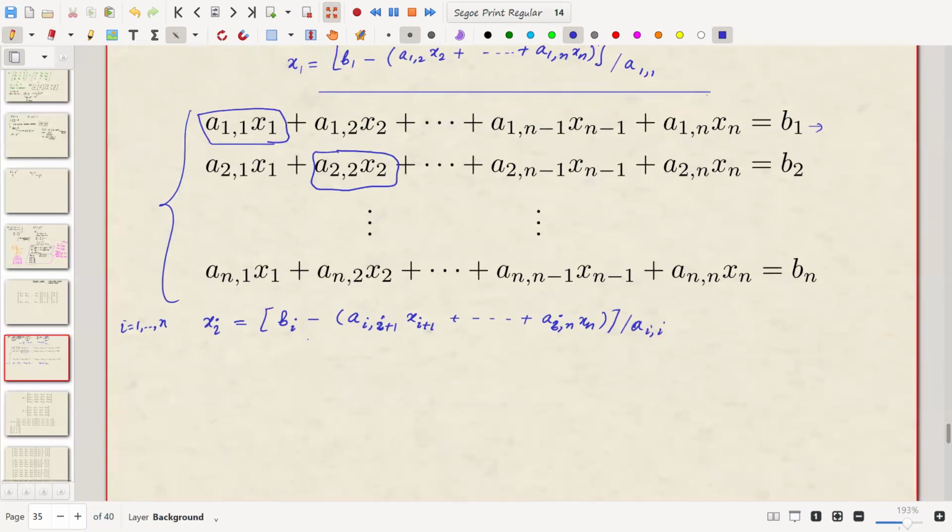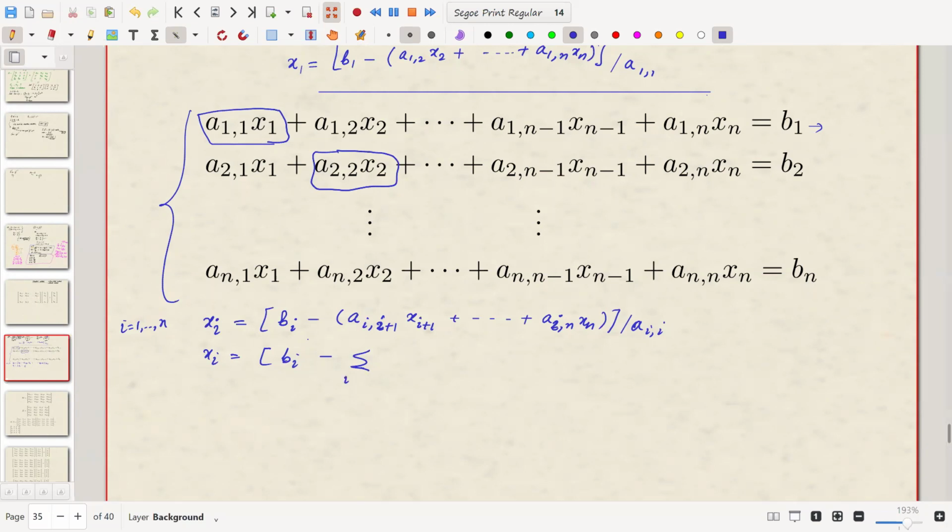Okay? Everyone agree? Can we write it in a more smooth way? xi equals bi minus, can we do a summation? Okay. So what kind of summation shall we do? You see, if you are taking 2, 1 is also going there and greater than that is also going.